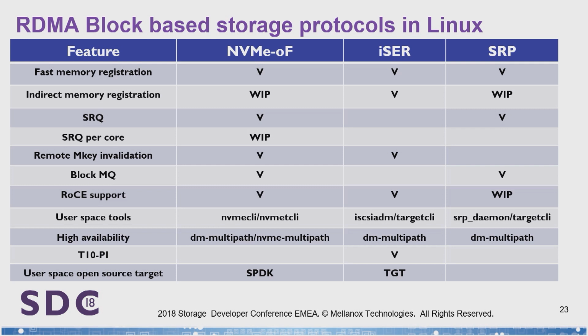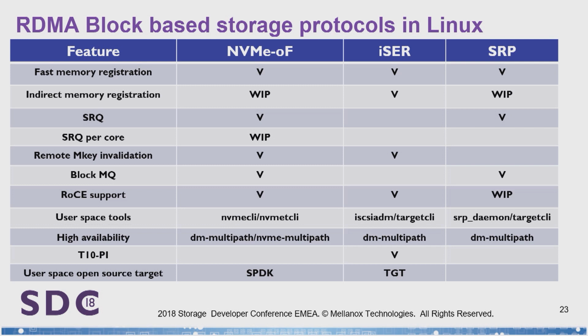Indirect memory registration we have implemented in iSER, and it is work in progress in NVMe over Fabrics and in SRP. Shared receive queue is currently implemented in the NVMe over Fabrics target and in the SRP target. I hope that we have the bandwidth to implement it in iSER also soon.